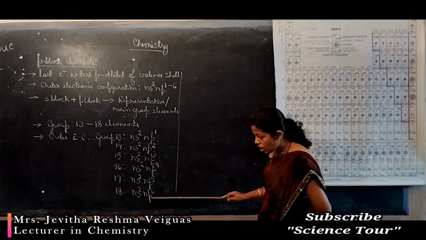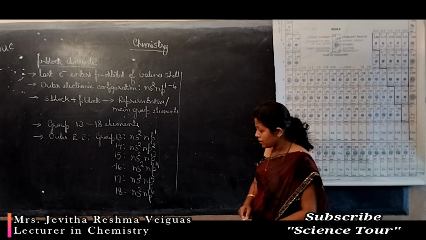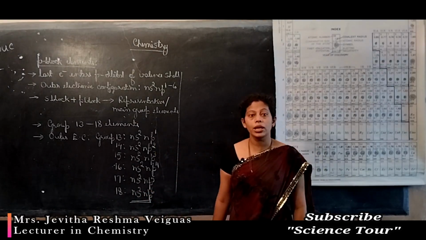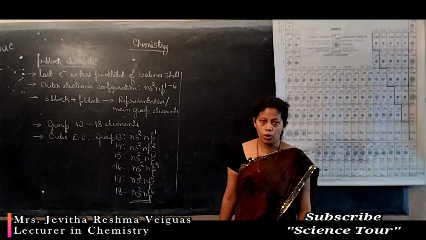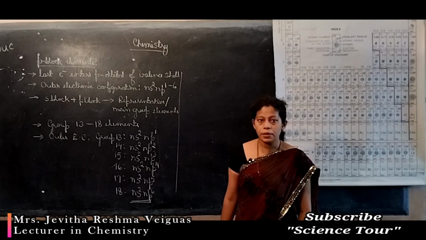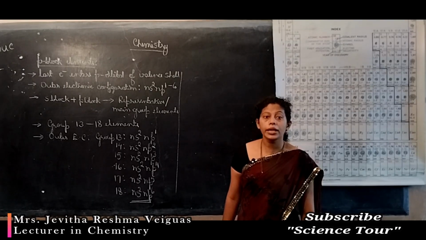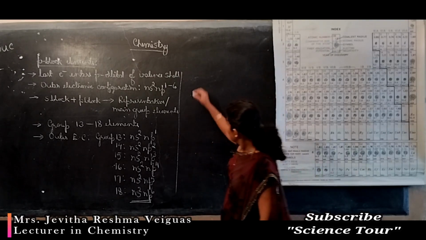Group 18, the last one, ns2 np6, means the outermost electronic shell has 8 electrons, ns2 and np6, totally 8 electrons. It has an octet electronic configuration.